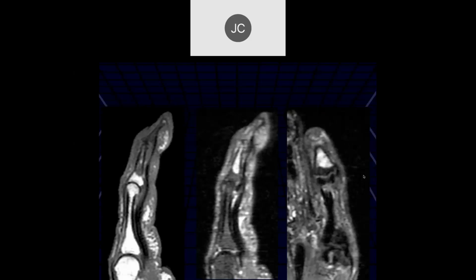Okay, looking at that DIP joint, there's destruction of that bone, there's surrounding edema, there's bone edema.